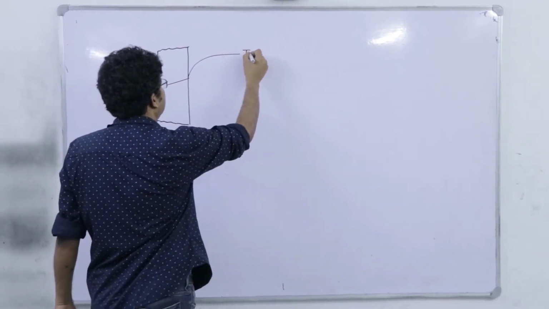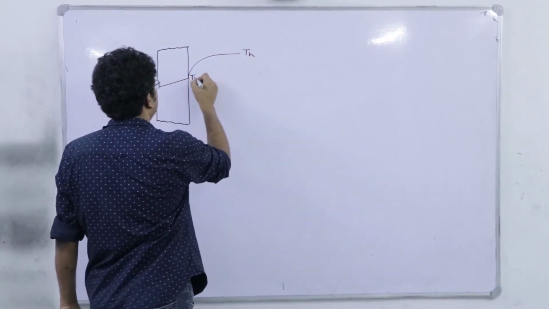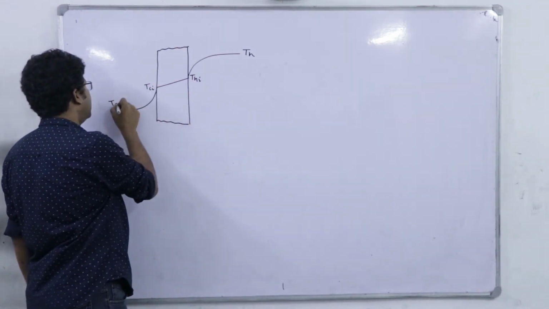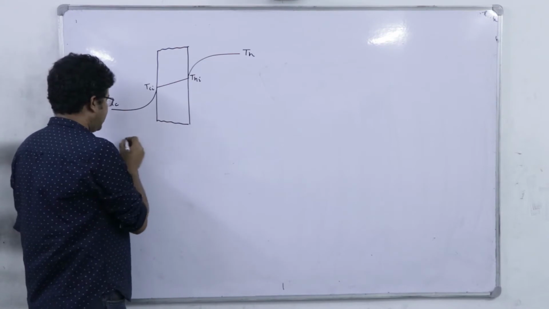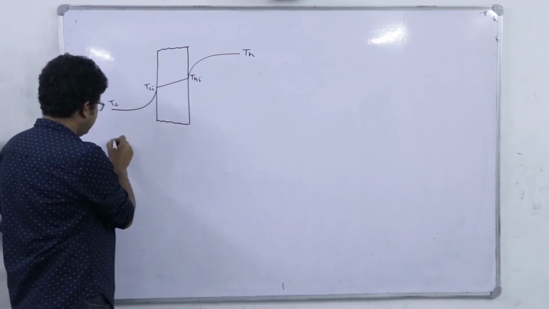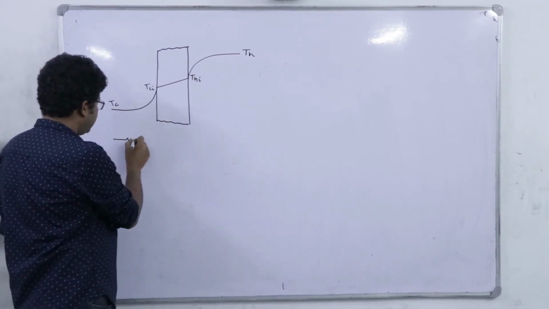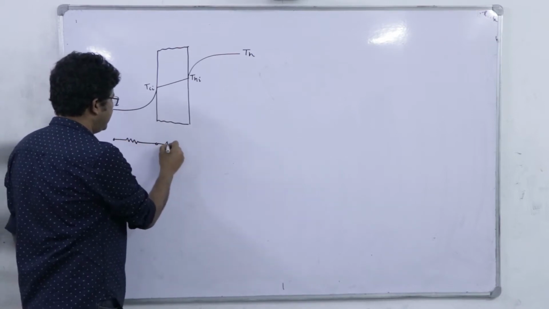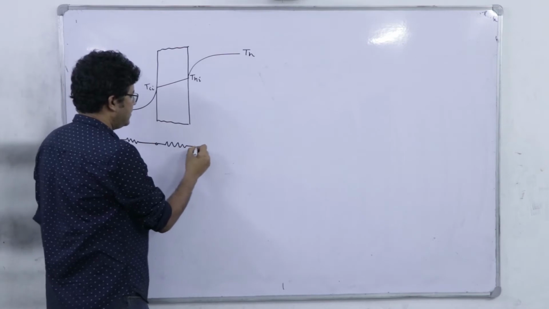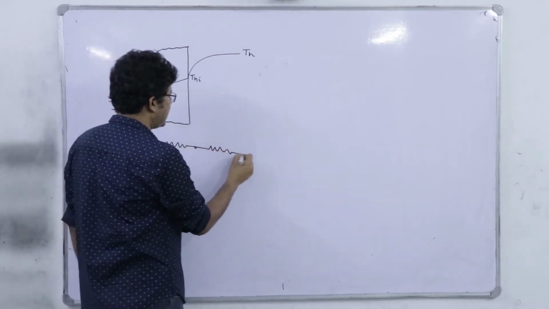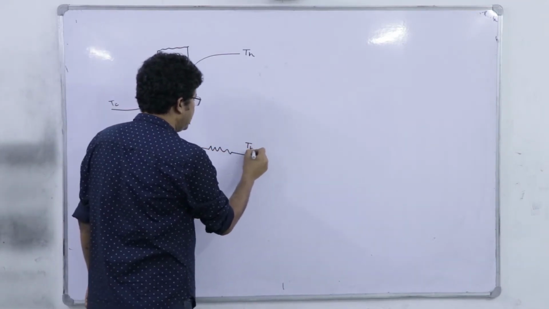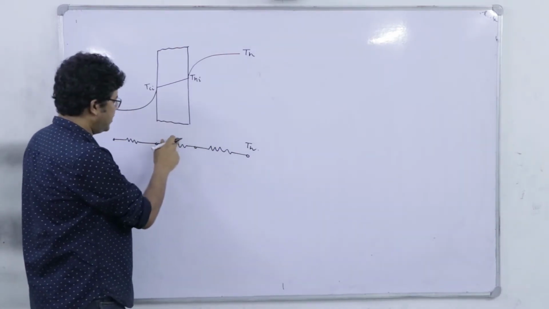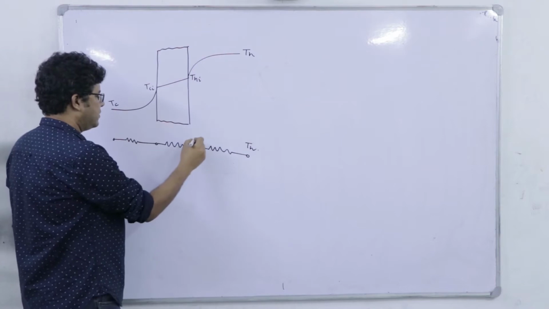So, here it is TH, then THI, TCI and TC. What we can consider is that actually there are 3 different heat transfer resistances, right. This is the outer resistance, this is the metal wall resistance, that is the inner resistance.